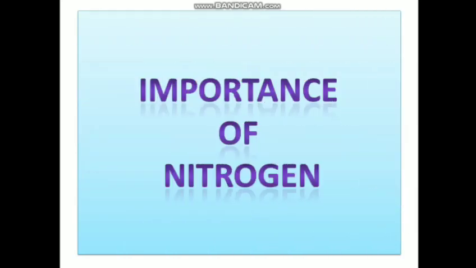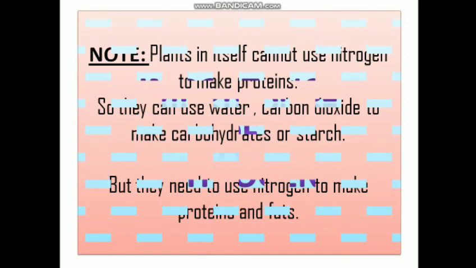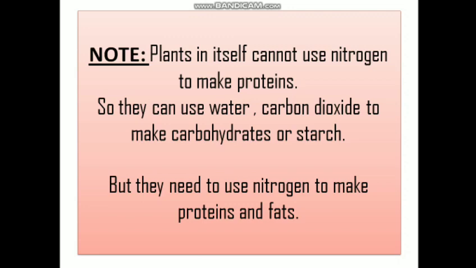So the next thing that we move on to is, what is the importance of nitrogen? Why is nitrogen important, students? As you know, nitrogen is a gas and is present all around us all the time. But students, plants in itself cannot use nitrogen directly to make proteins.